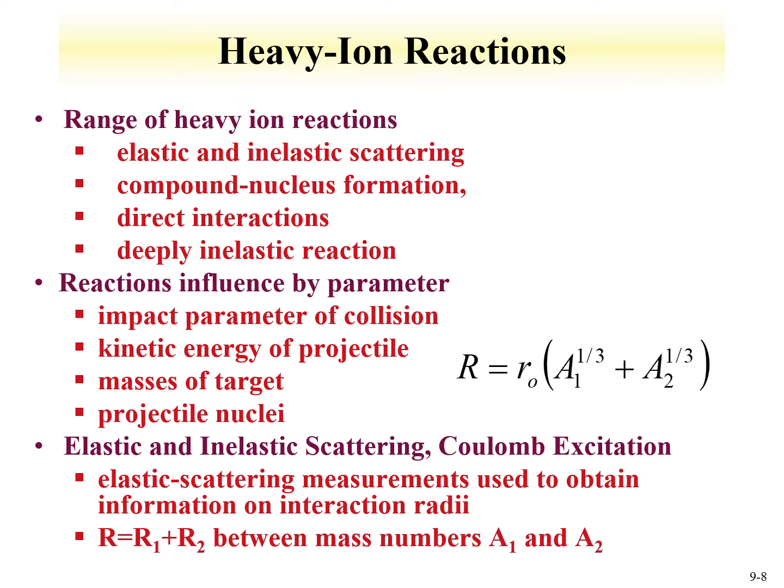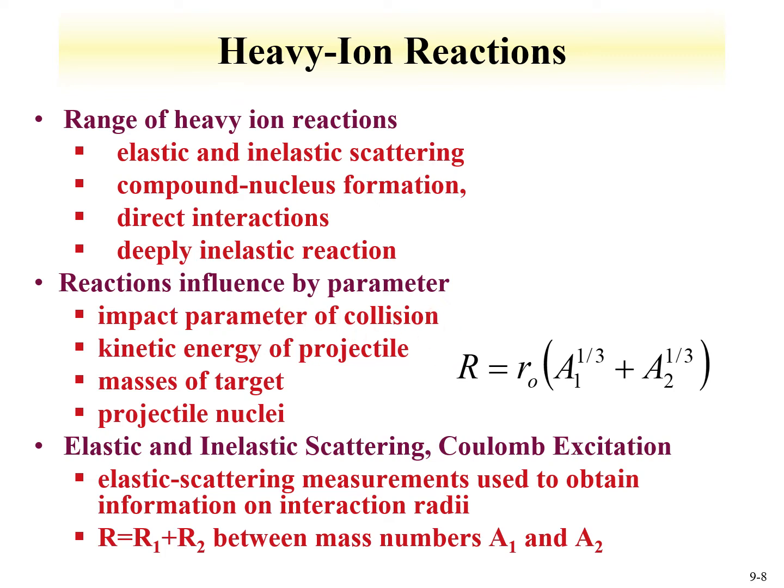One of the main differences between a heavy ion and a light ion like a proton is that the heavy ion can donate some of its nuclear matter to the reaction, whereas a proton is either all or nothing.